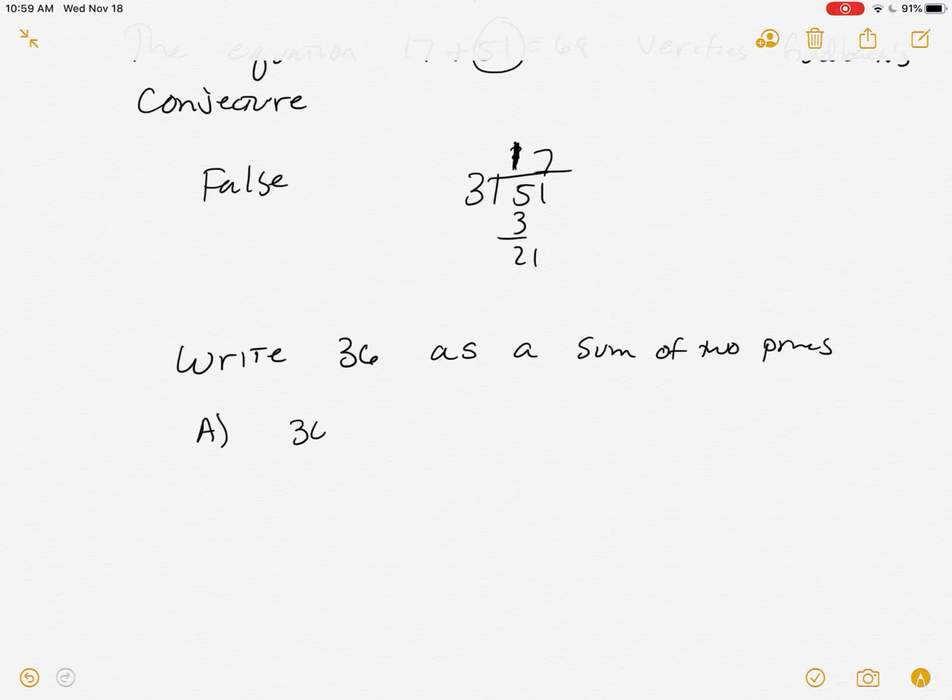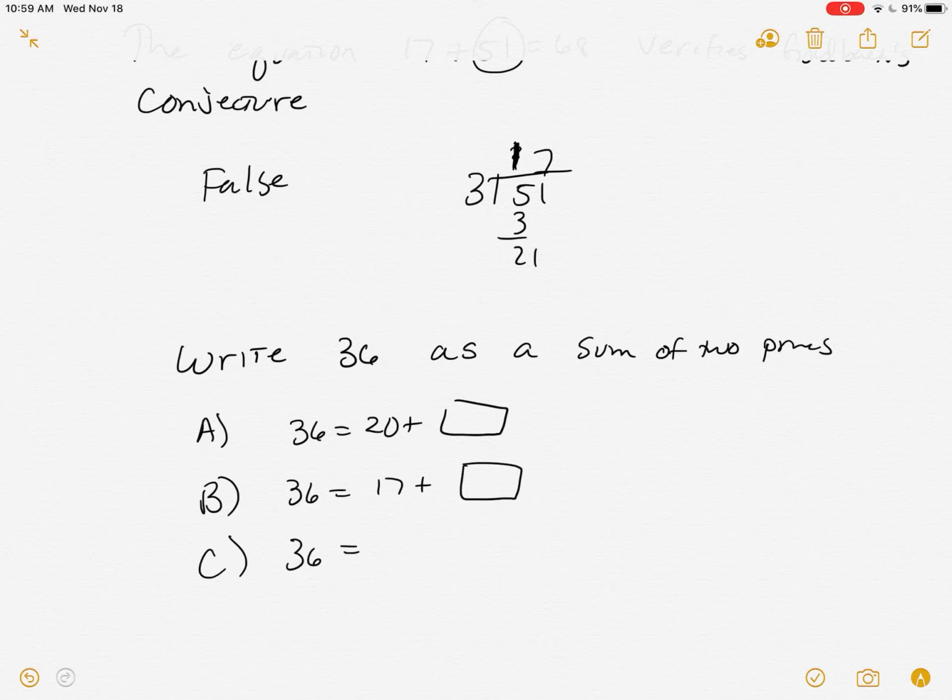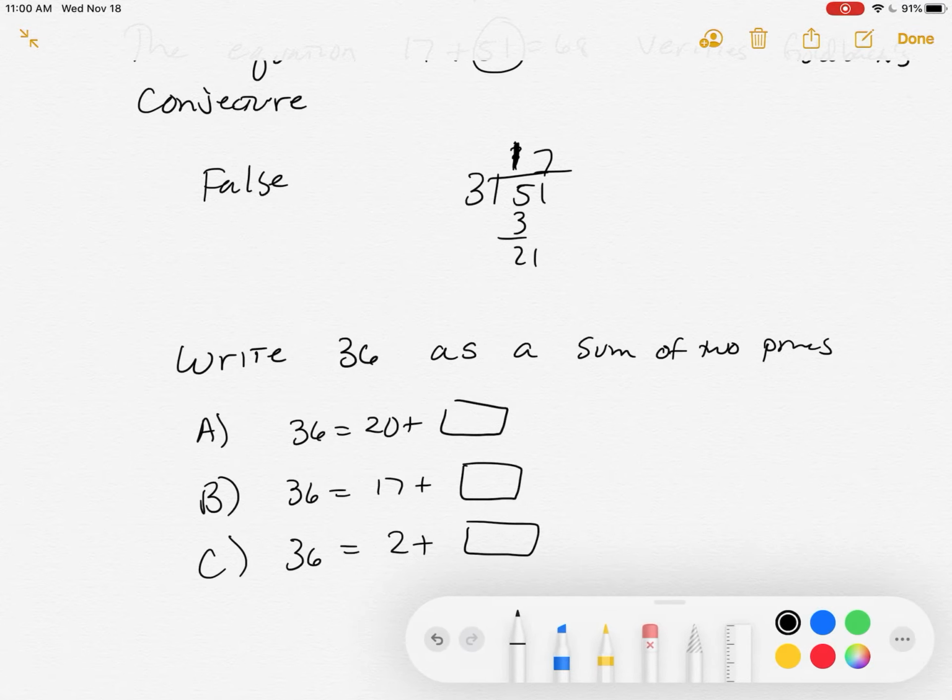A, 36 is equal to 20 plus blank. B, 36 is equal to 17 plus blank. C, 36 is equal to 2 plus blank. And your job is to fill in the blank. So they're not leaving you totally helpless in there where you're having to search for it. There is one that should be obviously ruled out right away. Do you see which one that is?